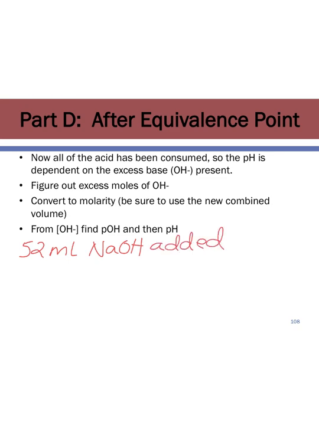So you can do this one of two ways. You can figure out how many moles have been added minus how many moles were used for the neutralization to get your excess moles, or you could figure out your excess milliliters and then use the molarity to get moles. Either way, you'll get to the same answer.